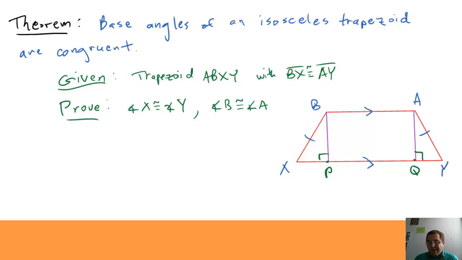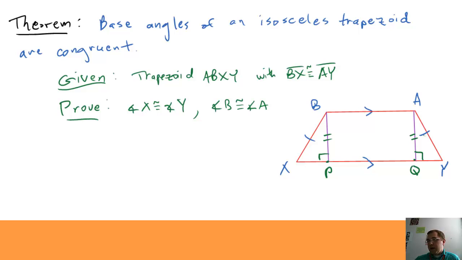And I know from a theorem that we just did in the previous section that BP has to be congruent to AQ, because whenever you have parallel lines, the points on one line are equidistant from the points on the other line. So the distance from B to P has to be the same as the distance from A to Q, because BA is parallel to XY.